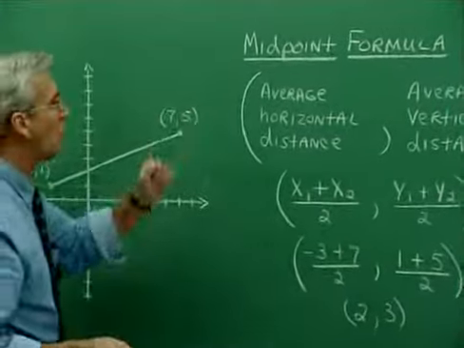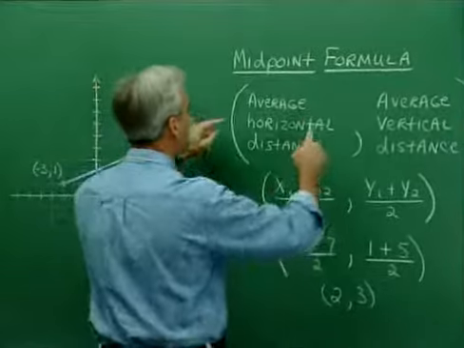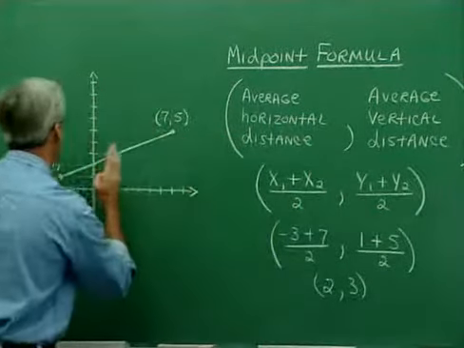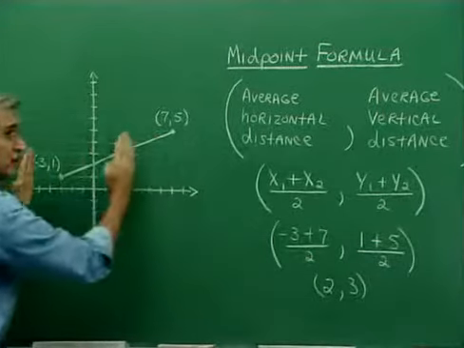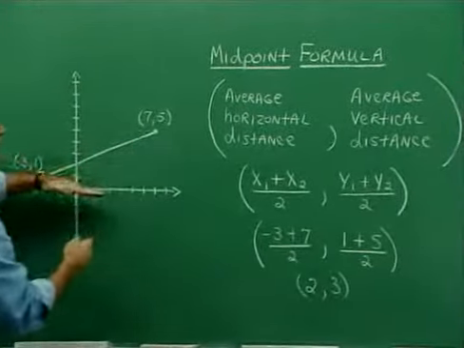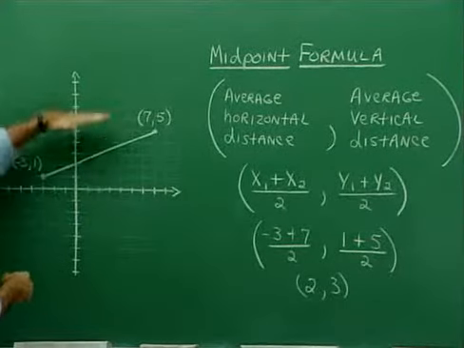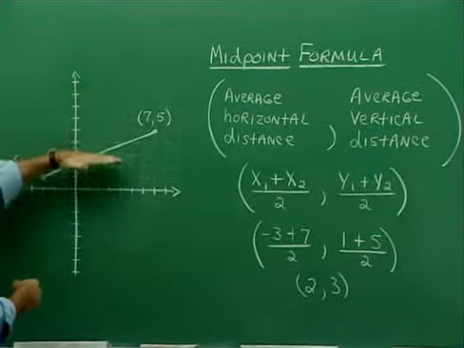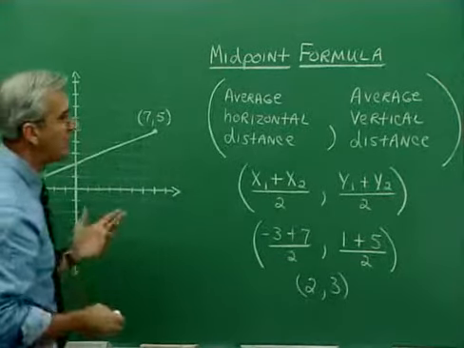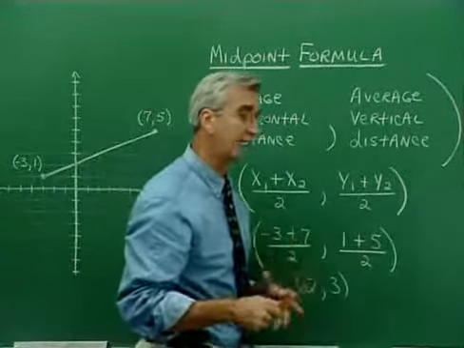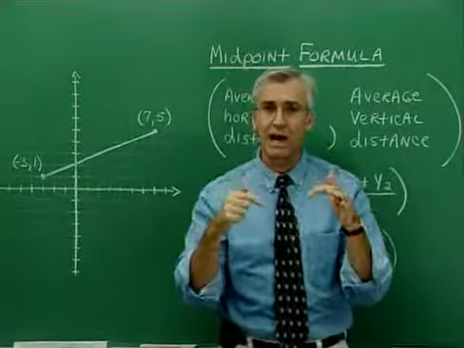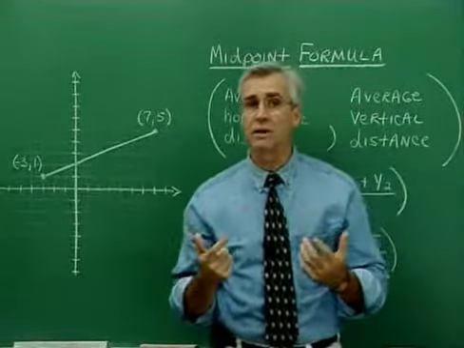The midpoint formula conceptually works like this. It's just the average horizontal distance, the average of the horizontal distances associated with the coordinates of those points, and the average vertical distance for the y component of that midpoint. So it's average horizontal distance, average vertical distance. And averages are calculated by taking some number of things, adding them, and then dividing by the number of items that you have added.